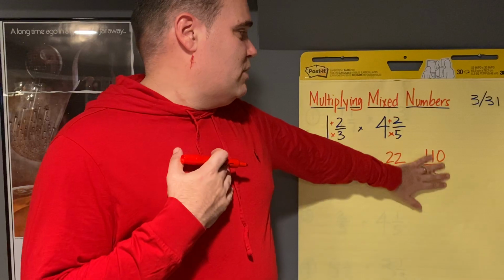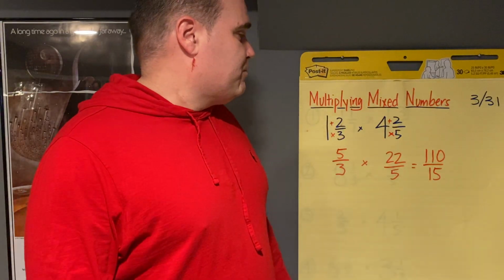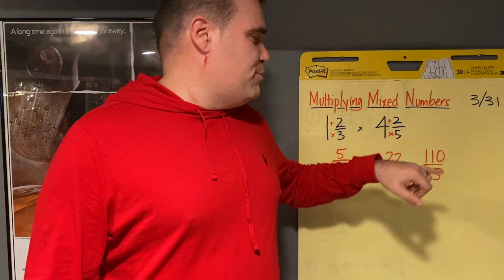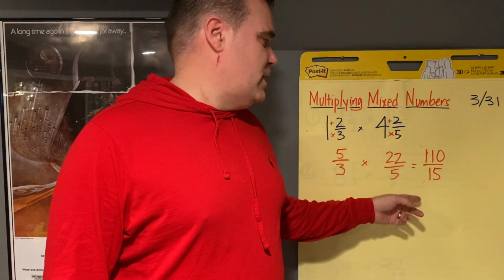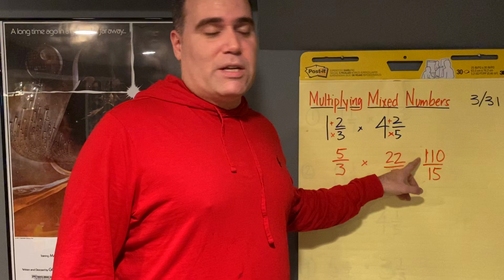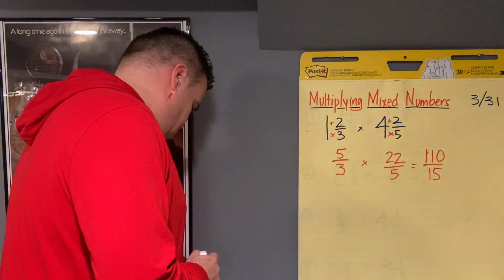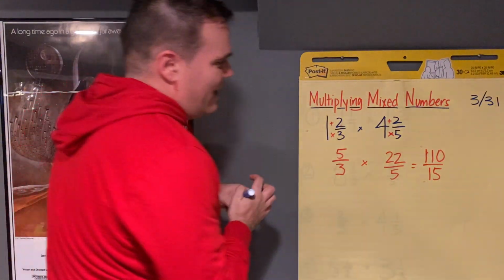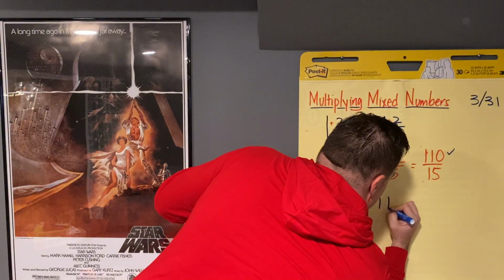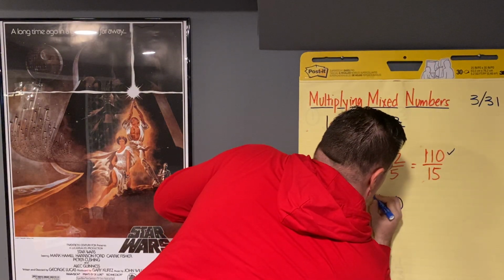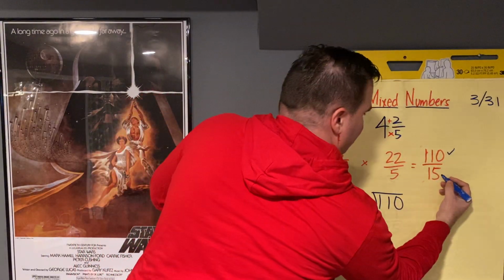So for me, I'm going to reduce the fraction first. Actually, you know what? With big numbers like this, it can be more difficult. So I'm going to convert this into a mixed number first. So the way I do that is this. I take my numerator, 110, and I'm going to divide it by my denominator, 15.